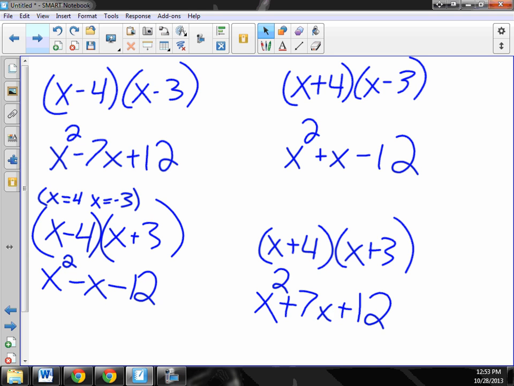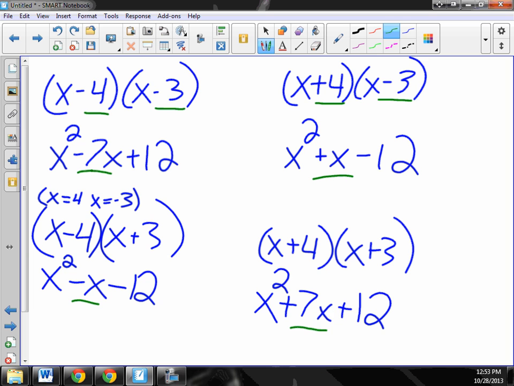Okay, so looking at the middle term, with the middle terms, I'm either looking at a 1 or a 7, positive or negative. Where do those 4 numbers come from? Adding the 4 and the 3. So in this case, negative 4 and negative 3 is negative 7. 4 and negative 3 is positive 1.